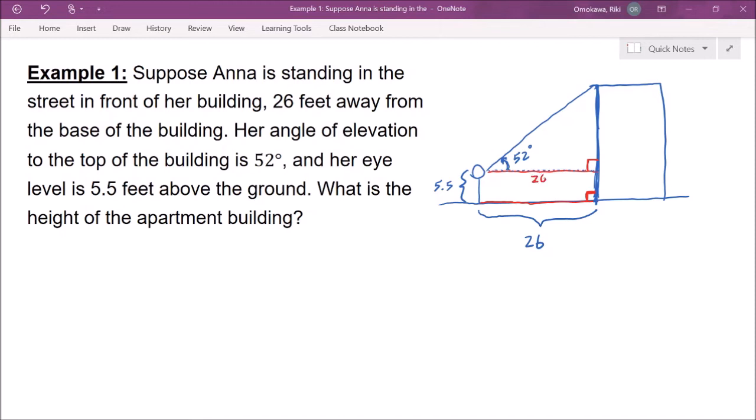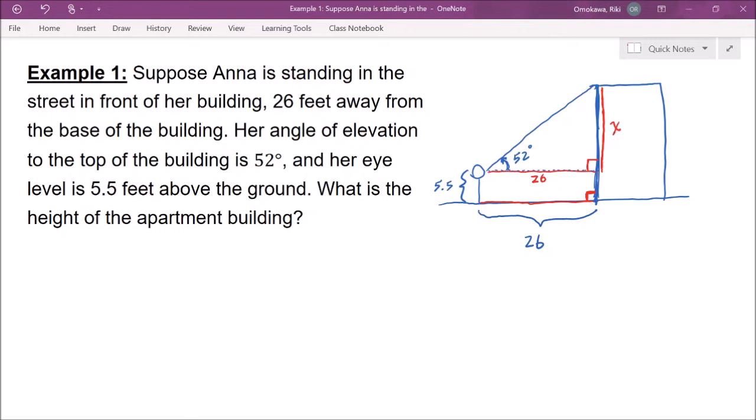So this should be 26 feet as well. And then we said we wanted to calculate the height of the building. That means we're going to have to be working with this side length because that's related to the height, even though we're missing a little bit down here. And so for now, we'll just say this length is our unknown. We'll label it with an X.